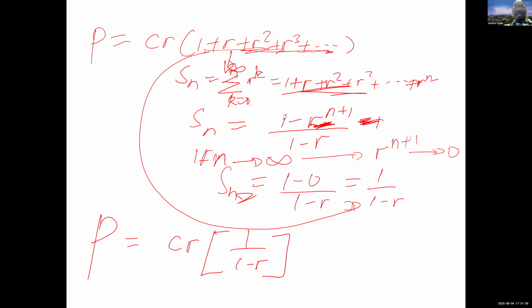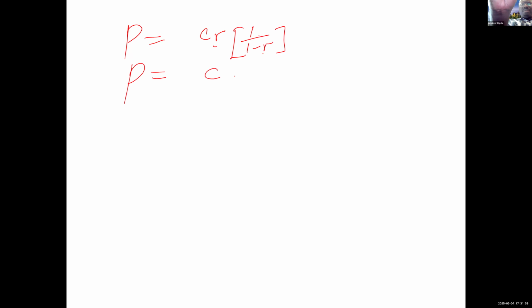Okay, so this becomes really easy now. So if we are saying P equals CR inside 1 over 1 minus R, you can distribute this CR here, so that becomes C inside R over 1 minus R.